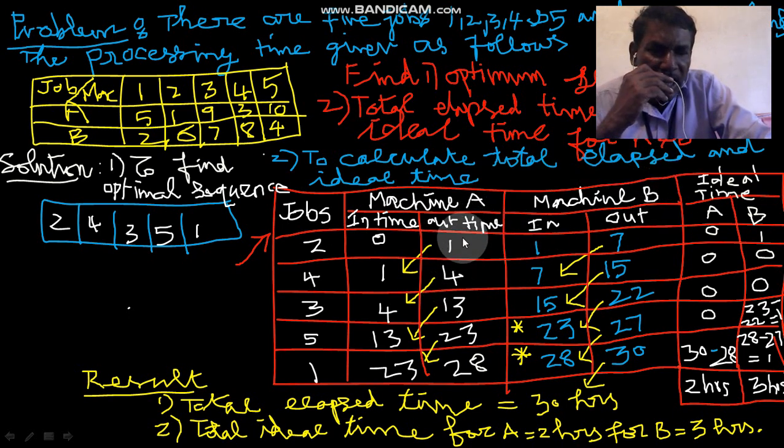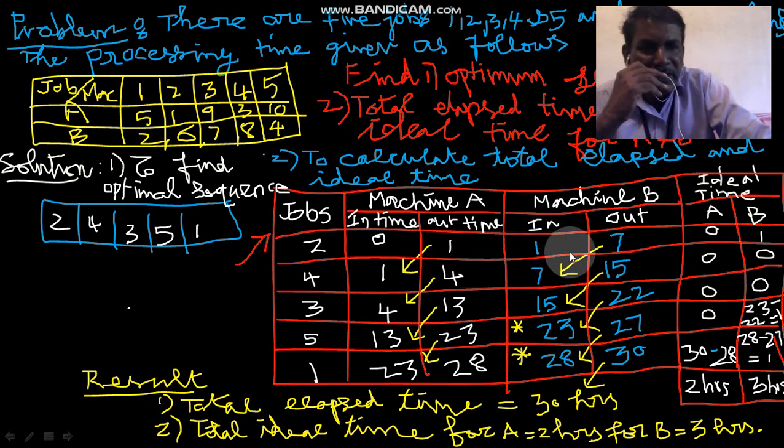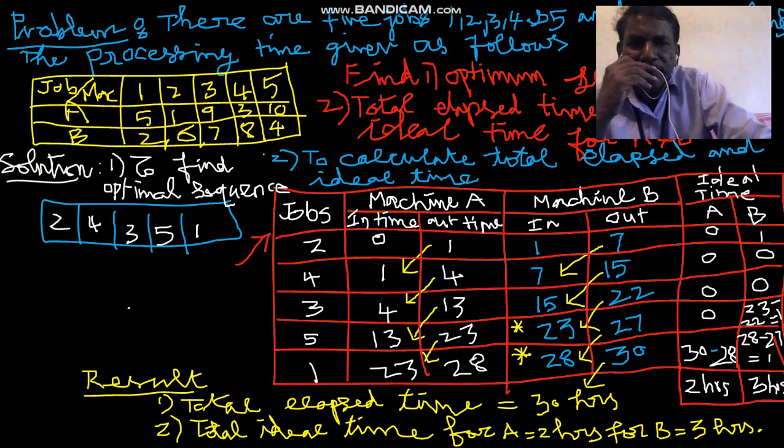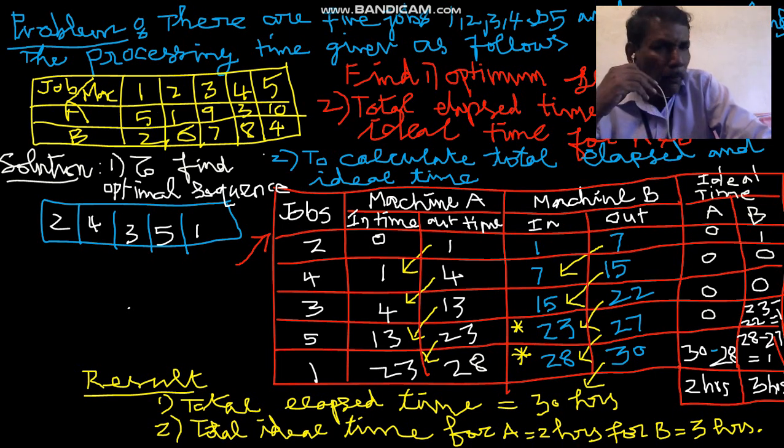So here the out time of machine A becomes the in time for machine B. For B, what is the out time there?